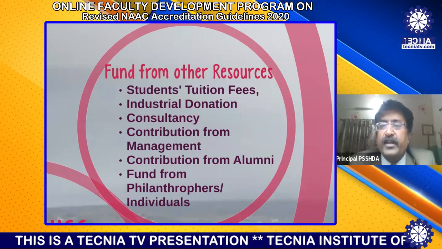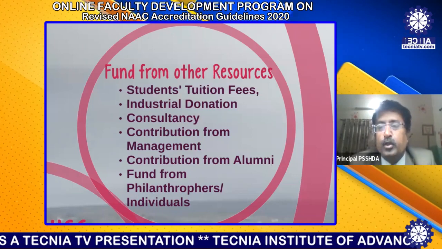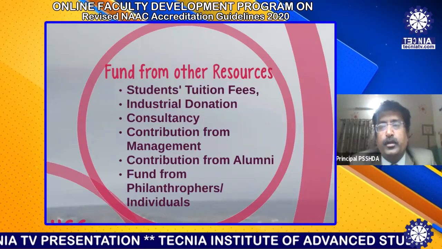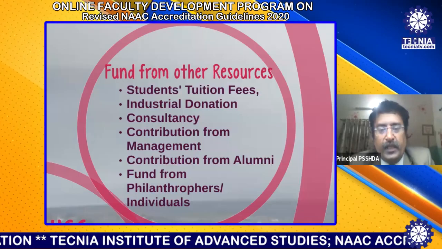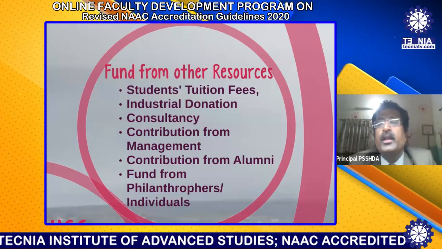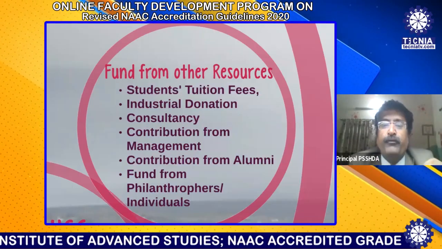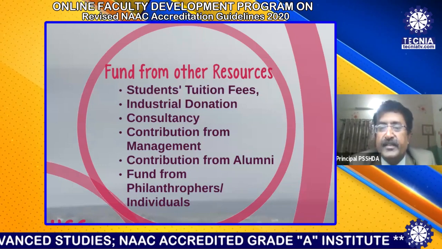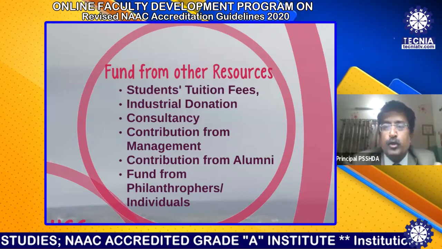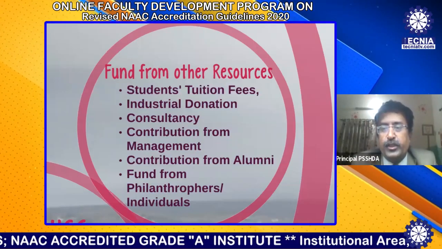So in such events, if management is contributing to develop a few things like canteen or indoor stadium or hostels, then you can have a contribution from management also, contribution from alumni, fund from philanthropists and individuals, or fund from industry as a part of their CSR. So these 3 kinds of fund your institute can have.